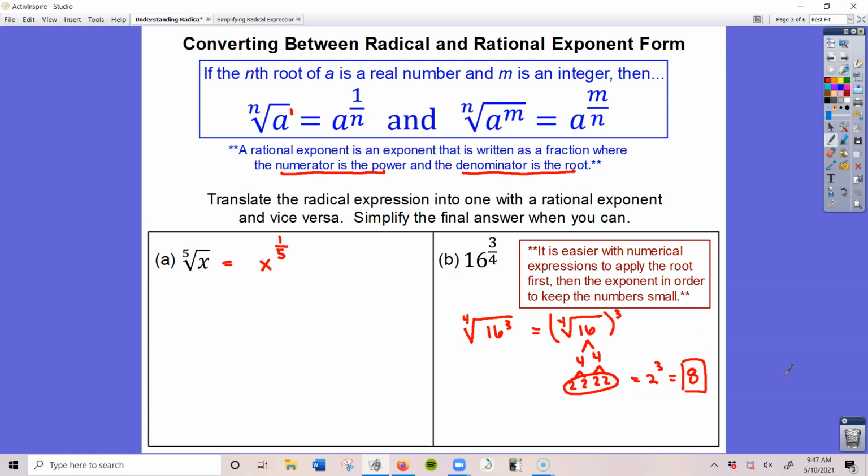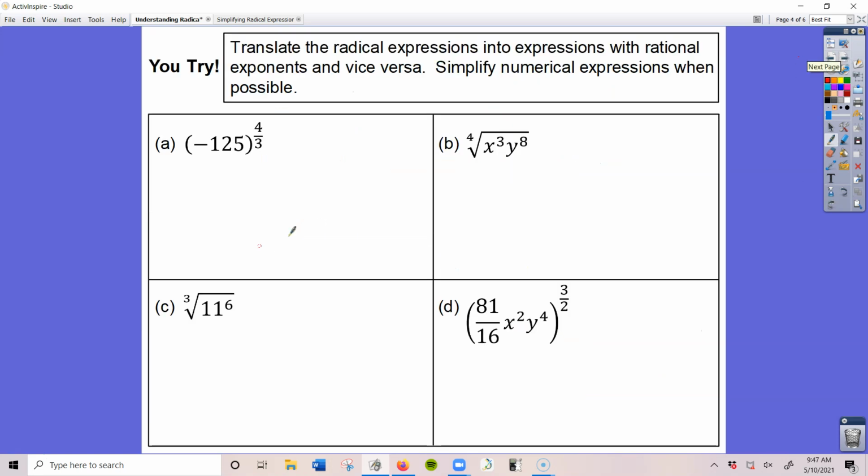Let's look at simplifying some others. Here we have negative 125 raised to the 4 over 3. So I'm going to first rewrite this as a radical, and this would be the cube root of negative 125 raised to the 4th.